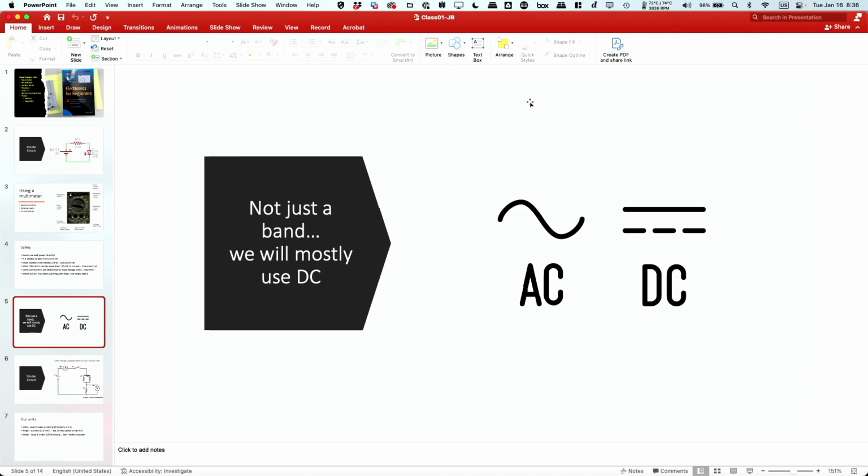They just don't. So essentially what happens is the electrons are moving back and forth and back and forth, and that movement back and forth, energy is moving, and that allows us to power things.